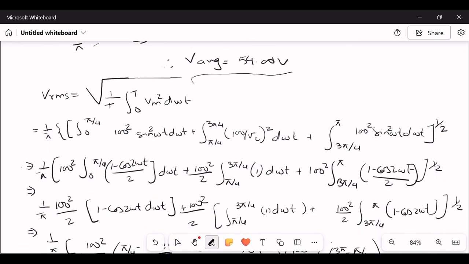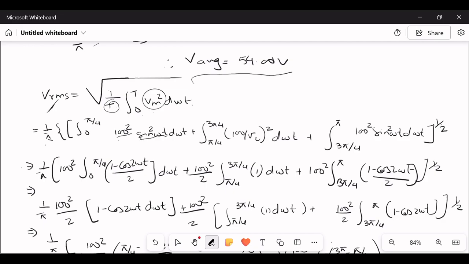Now to find the VRMS, we know the formula for VRMS is the square root of 1/T times the integration from 0 to T of the square of the voltage, v² d ωt. For integration, we all know how to do it. The time period is from 0 to π, so we write 1/π outside. 100 sin ωt becomes 100² sin² ωt.